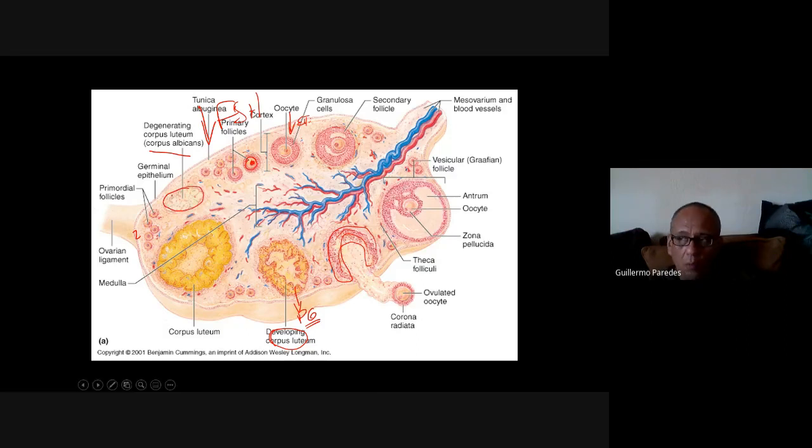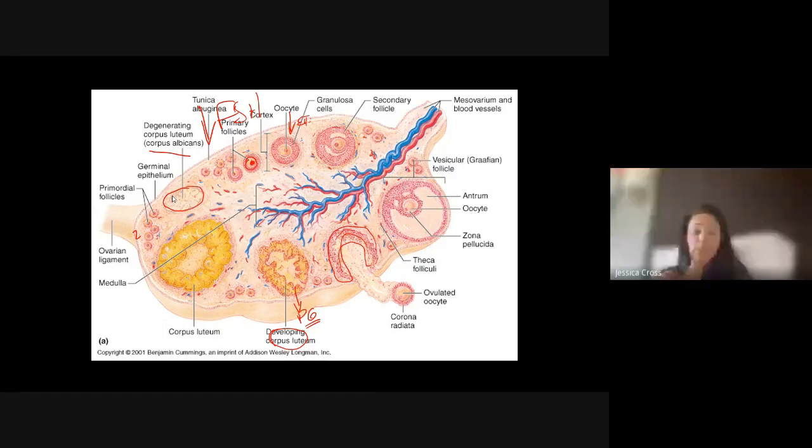If you touch the ovary of a young woman, it's smooth and very slippery. But if you take the ovary of an old woman, it's going to be like scar tissue, with a very rough surface. Why? Because the corpus luteum turns into corpus albicans, and that is actually a scar. Okay? All right, are we okay with that?